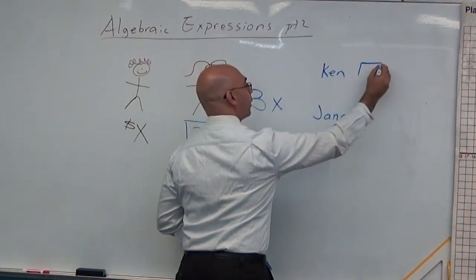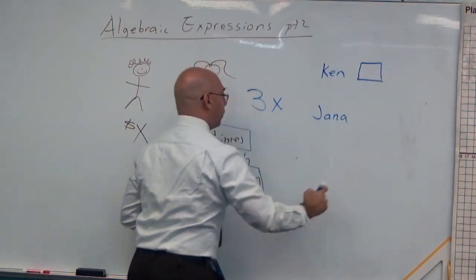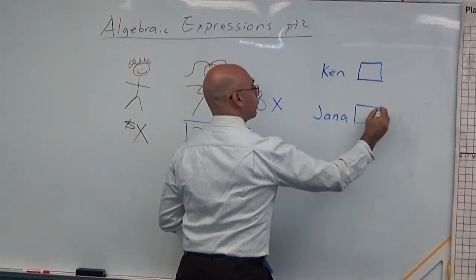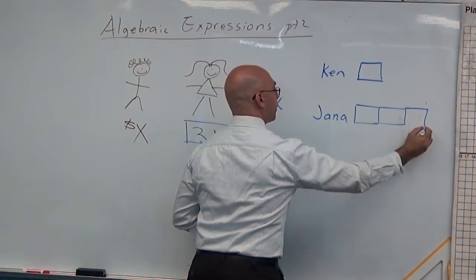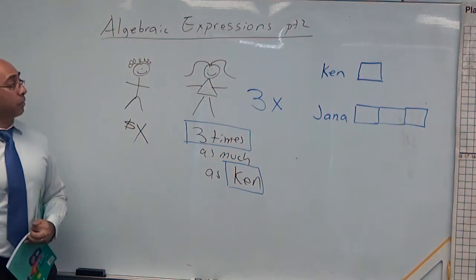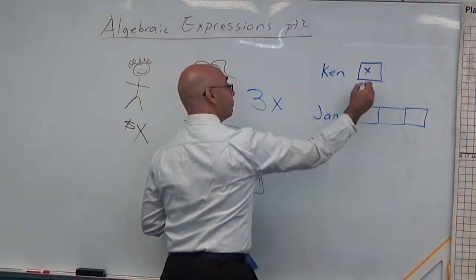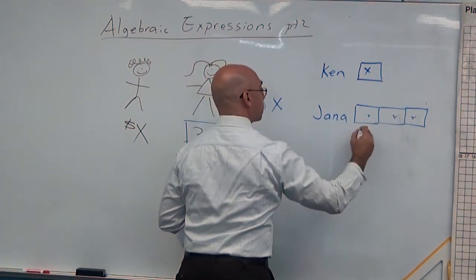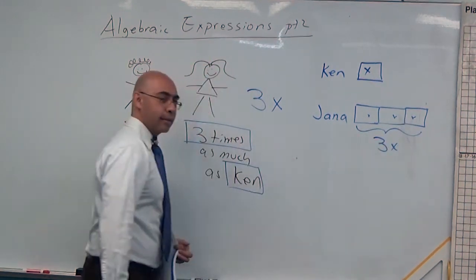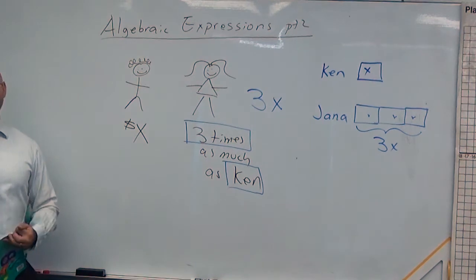So Ken should have 1 box right there. How many should Jana have? 3. So 1, 2, and they should all be the same size. So there you go. This would be x. That's an x, that's an x, that's an x. So this is 1, 2, 3. 3 x's. Pretty simple, isn't it?